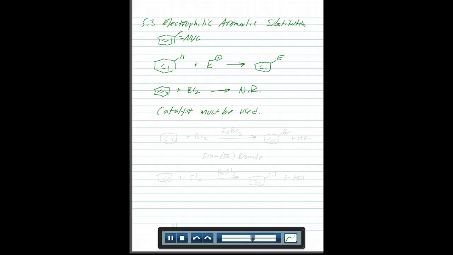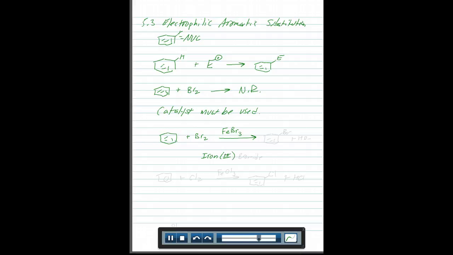Okay? So, there is a reaction where you can add a bromine to an aromatic ring. That's what this reaction is. You take your aromatic ring plus Br2, and then the catalyst you have to use is iron bromide, iron 3 bromide. All right, remember your Gen Chem nomenclature.